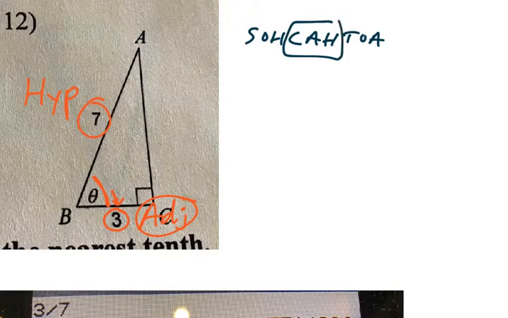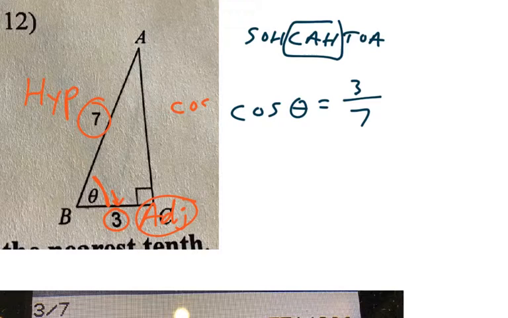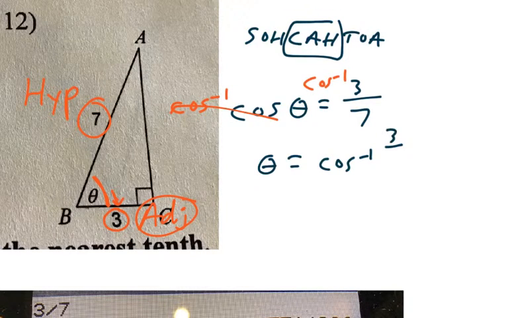Well, that's cosine. Cosine is adjacent over hypotenuse. So we know that cosine of theta must be the adjacent side over the hypotenuse. To solve this, all we need to do is do cosine inverse on both sides. So theta is going to be whatever the cosine inverse of 3/7 is.